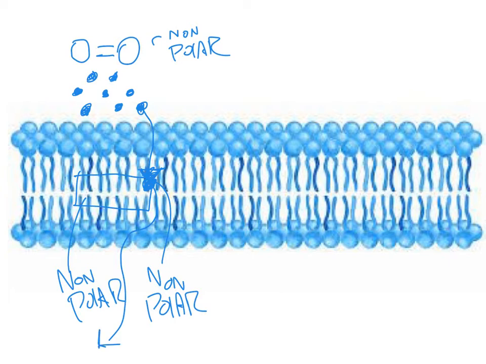Another nonpolar molecule that can do this is, let me change my color here, carbon dioxide. So CO2 is also nonpolar and can diffuse through the membrane. And so classically in the cells in your body, you have carbon dioxide leaving the cells and oxygen moving in simply because of diffusion, right?